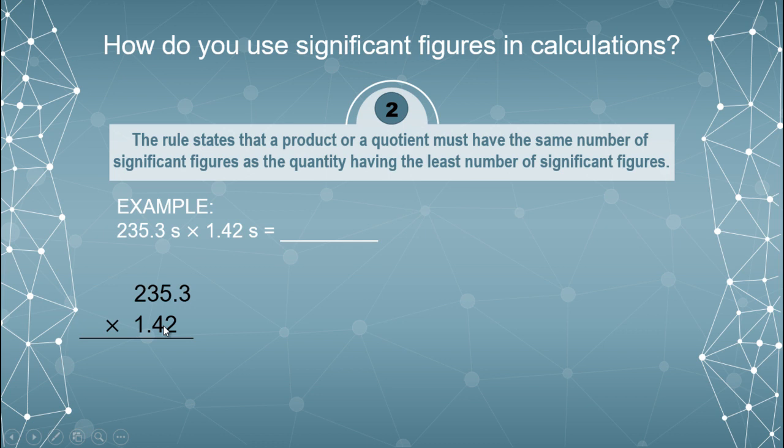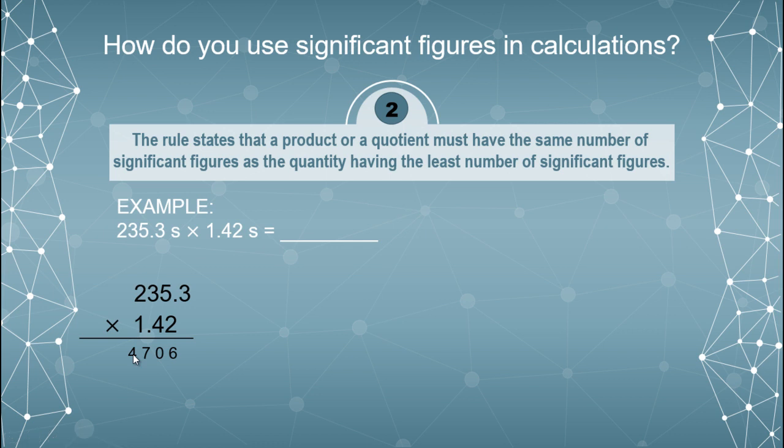So, 2 times 3 is 6. 2 times 5 is 10, 0, carry 1. 2 times 3 is 6 plus 1, 7. 2 times 2 is 4.